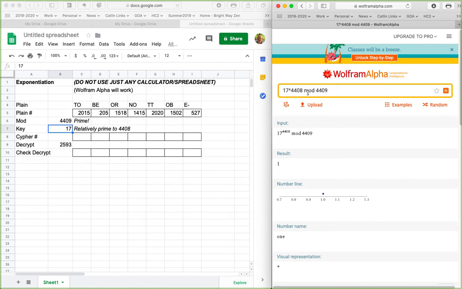Now, it's worth mentioning really quickly what's going on. If we were to do this by hand, well, to talk about what your calculator does with 17 to the 4408, if you were to actually put this in your calculator, assuming it would work, which, to be honest, very few calculators out there will actually calculate that. But let's say it does.